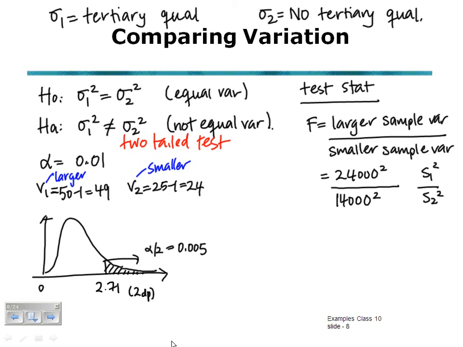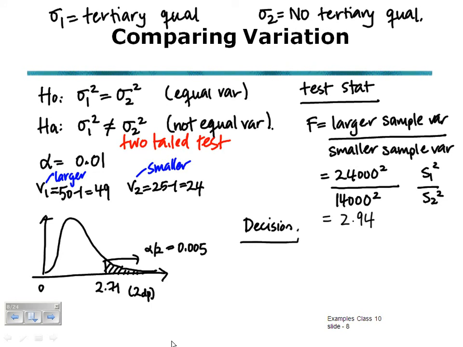So our decision in this case would be to reject the null hypothesis if our calculated test statistic is bigger than 2.71, and of course we now need to work out what that is. On the right-hand side of the screen we can see the test statistic calculation, 24,000 squared divided by 14,000 squared, which comes out to be 2.94.